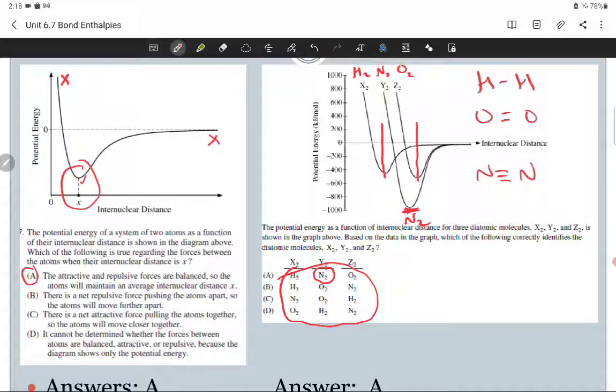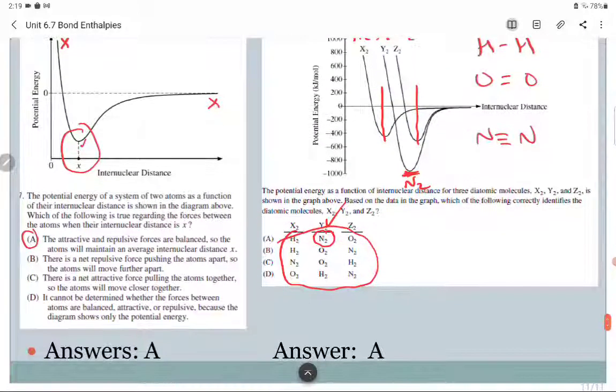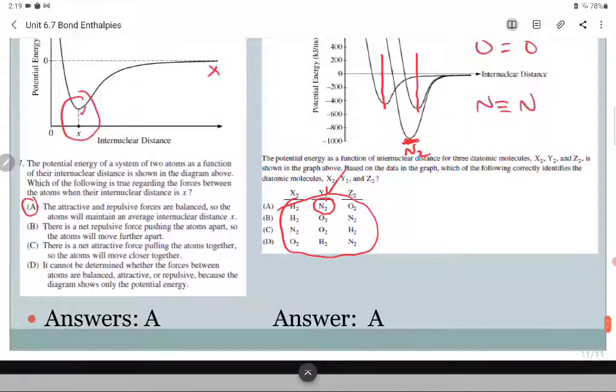The atom H is the smallest atom, so that's going to be very, very small. Even though double bonds are typically shorter than single bonds, H is so much smaller than O. I think that gives us an indication of why we like X2 as H2. But it turned out we didn't need that information anyhow, because we've already identified it, because N2 was that triple bond. Okay, that concludes today.